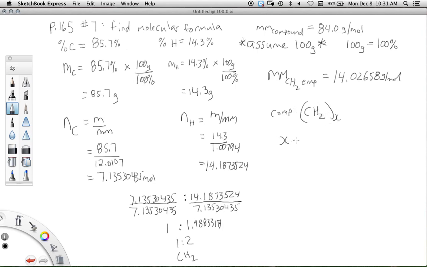So the multiple is the molar mass of the compound divided by the molar mass of the empirical. The lowest possible number I get doing it this way is 1. Right? If it was 14 divided by 14, it's 1. It's CH2 is the answer. It's not in this case. It's 84.0 divided by 14.02658.